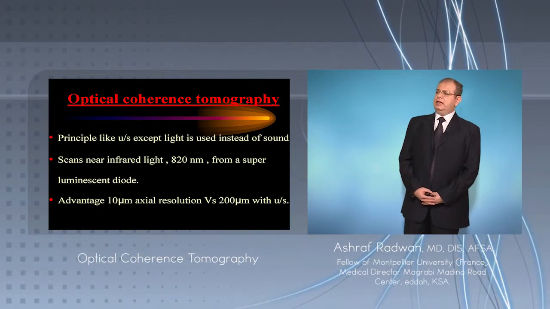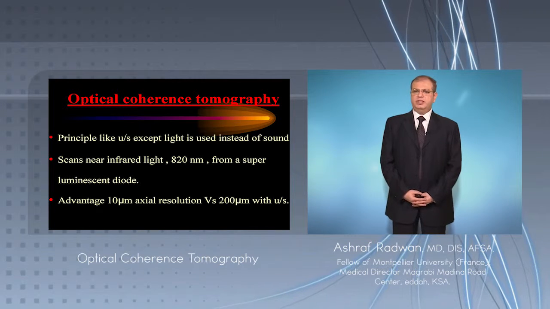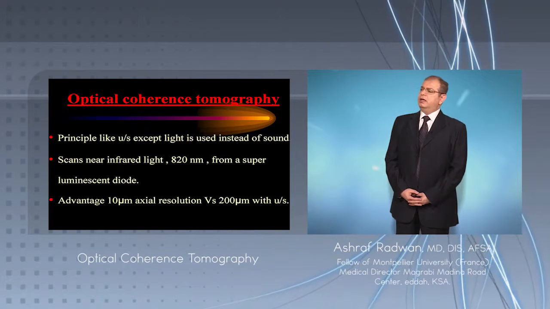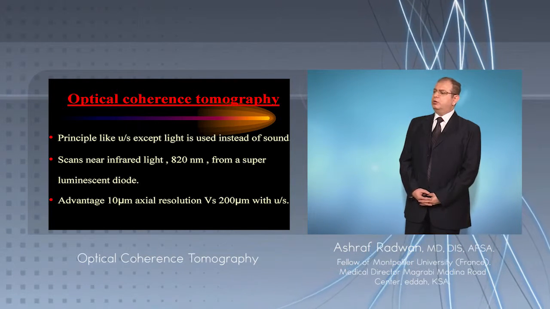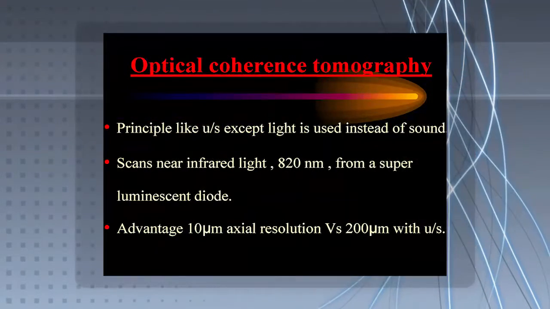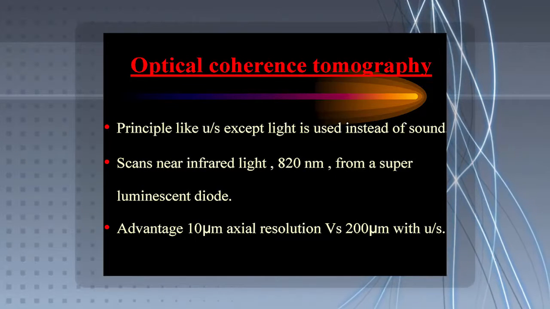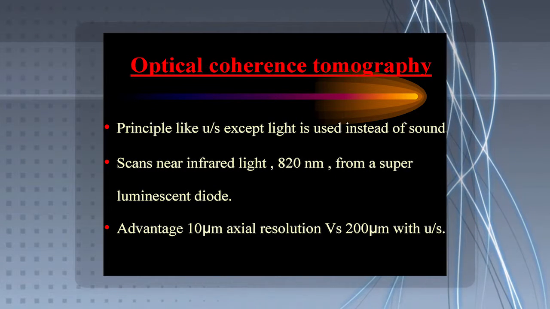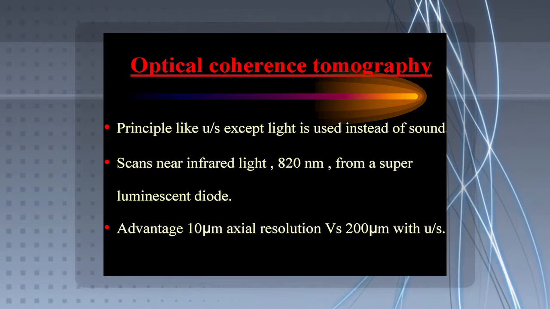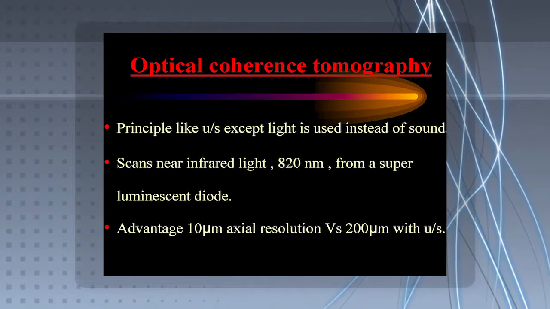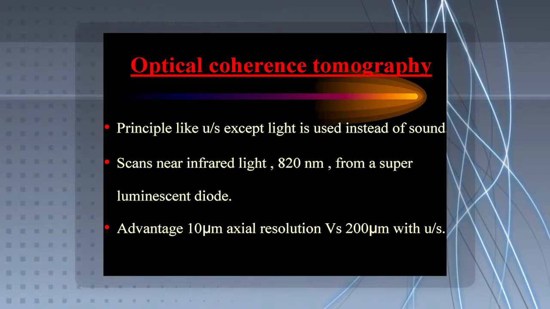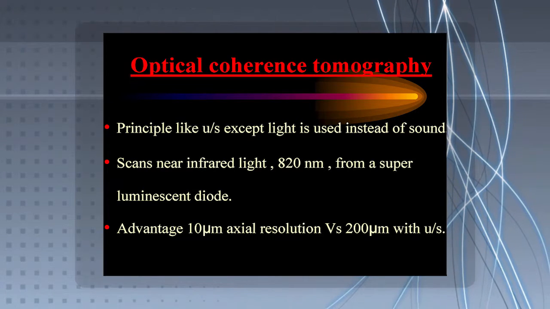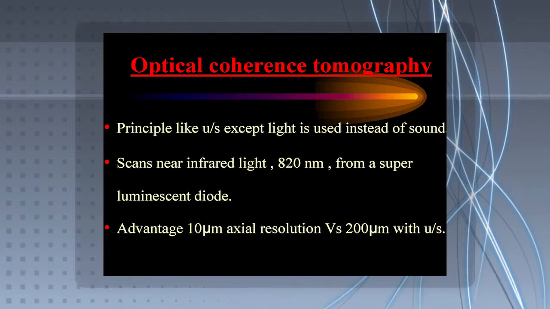So near infrared light, 820 nanometer from a superluminescent diode, goes inside the eye, making a scan for a certain part of the retina and the optic nerve. The advantage is that it gives us a 10 micrometer axial resolution versus 200 microns with ultrasound.